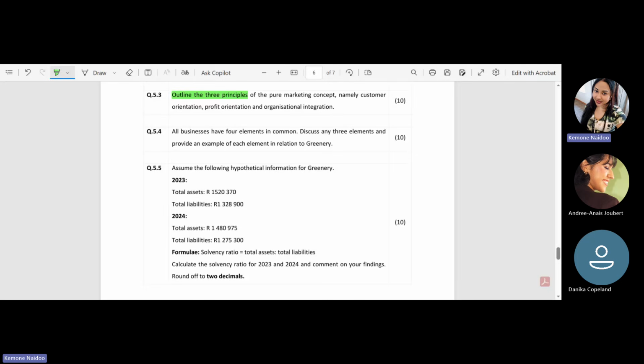Usually it means to use brief explanations, but also to include application from the case study. So try to mention 3 to 4 points for each for the application. So 3 to 4 points for customer orientation, profits, and organizational integration.